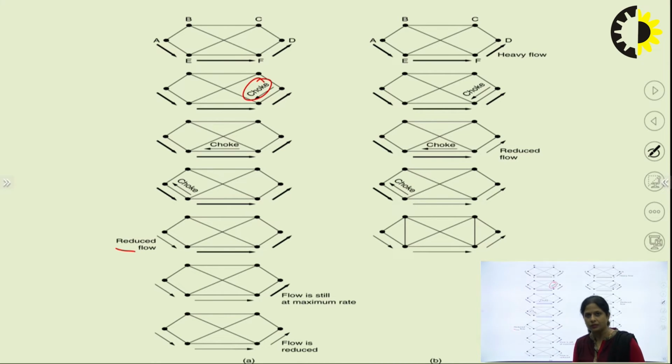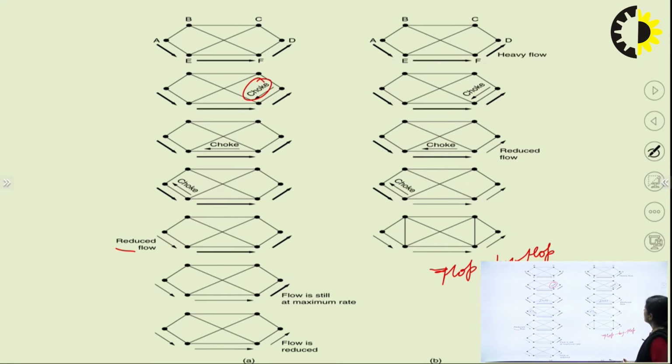But in this case, that is hop by hop, when a choke packet has been introduced, it will inform each and every participating hop that a congestion has occurred: try to decrease your transmission rate. And that is how we can see it is moving towards the sender, and it comes to know that it needs to reduce the flow.